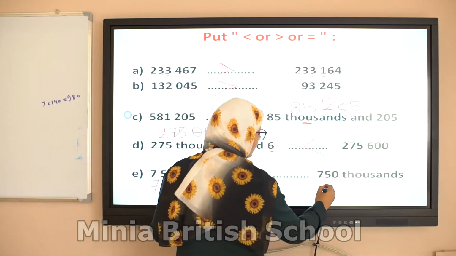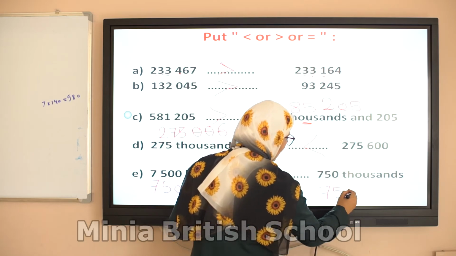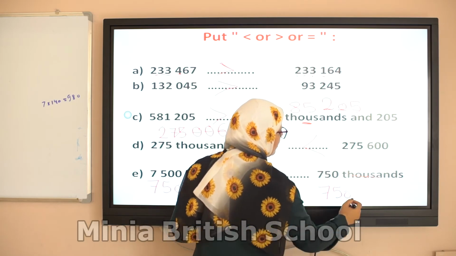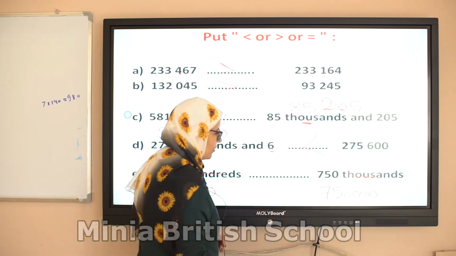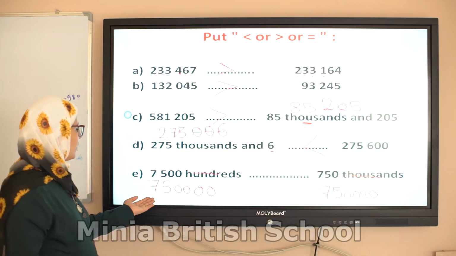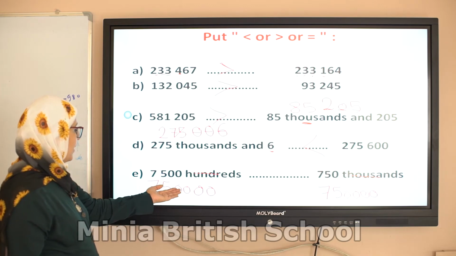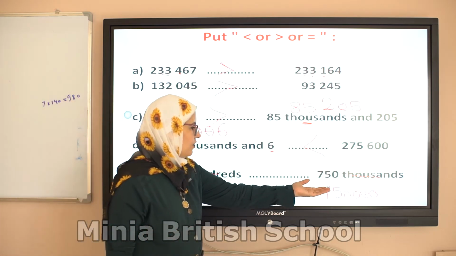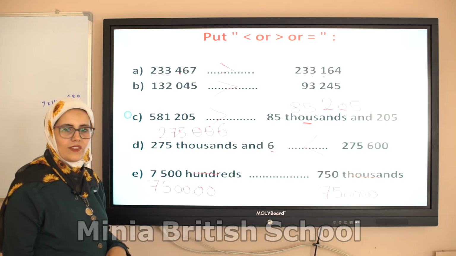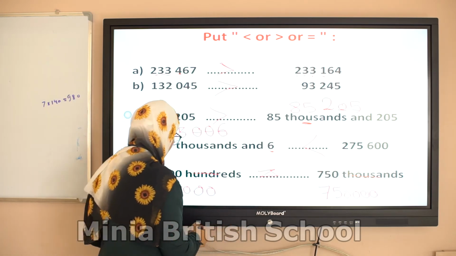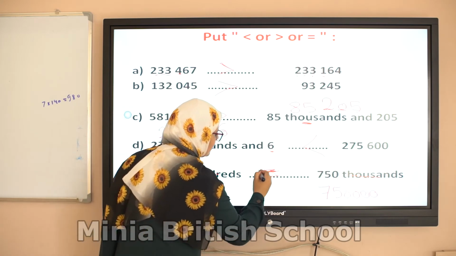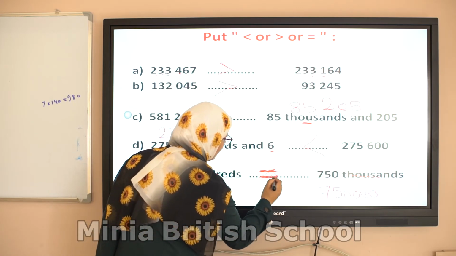Here we have 750 as it is, and I will replace this thousand with how many zeros? 3 zeros. Let's see. Now we have 750,000, and now we have 750,000. So they are what? The same. They are equal.